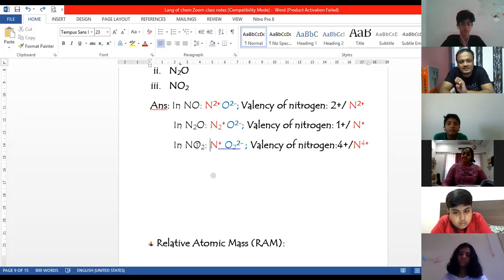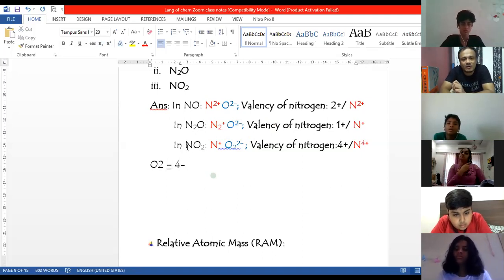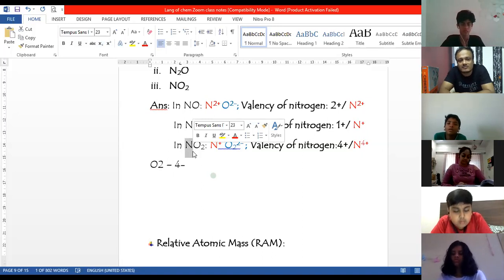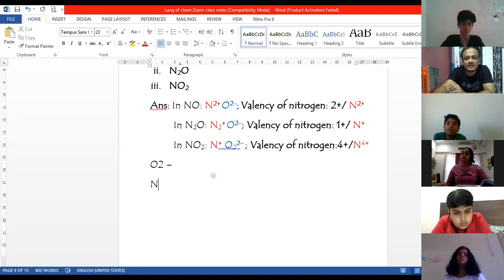So this O2 will be carrying a charge of 4 minus, and since we have only one nitrogen atom, the whole 4 goes to the nitrogen, and hence nitrogen gets a valency of 4 plus.